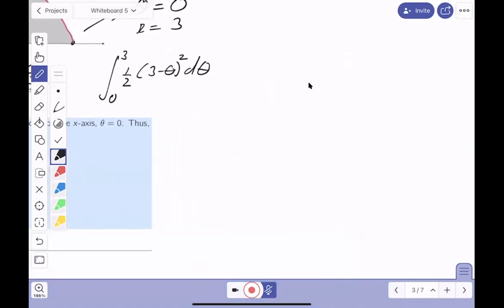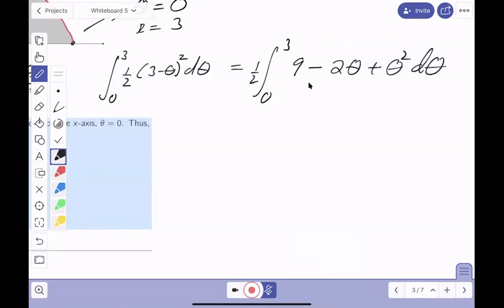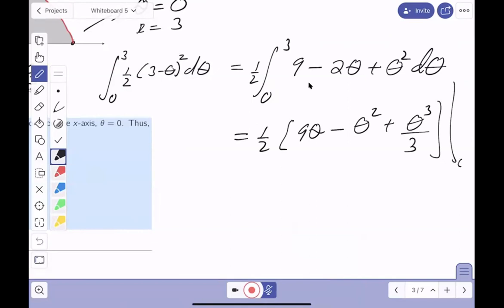So what do you get over here? 1/2, 0 to 3. This would be 9 minus 2 theta plus theta squared d theta. 1/2, 9 theta minus theta squared plus theta cubed over 3. Limits of integration would be from 0 to 3.